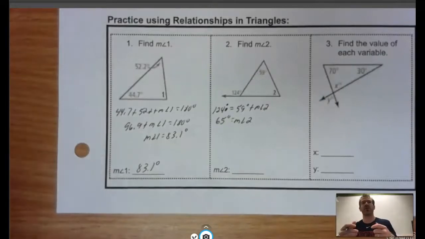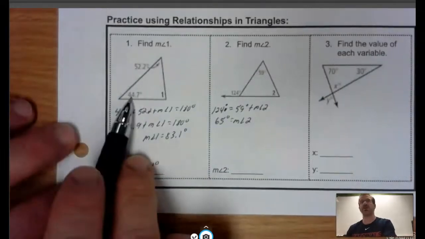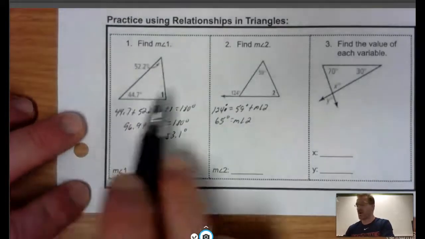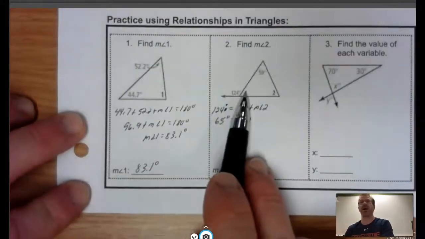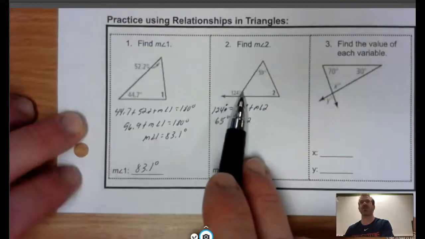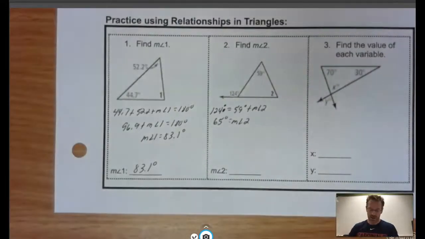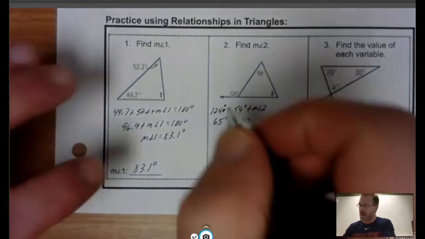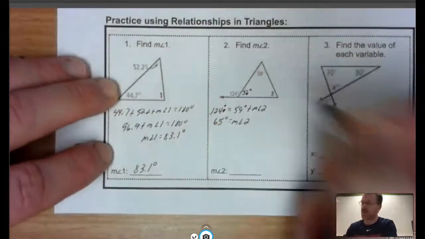Now the other thing you could have done is make this like problem 1, because we have enough information to do that. We know these are a linear pair, so they have to be supplementary. If I do 180 degrees minus 124, this would be 56 degrees.